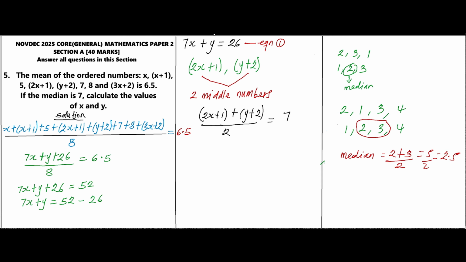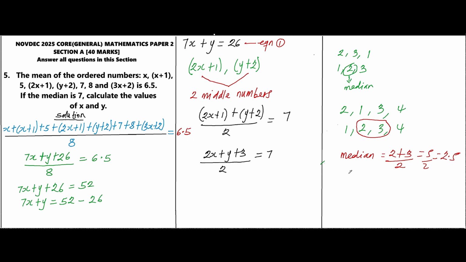So let's simplify the numerator. So we have 2x plus y plus 3, and this must be divided by 2, being equal to 7. So we know that the LCM here is 2.